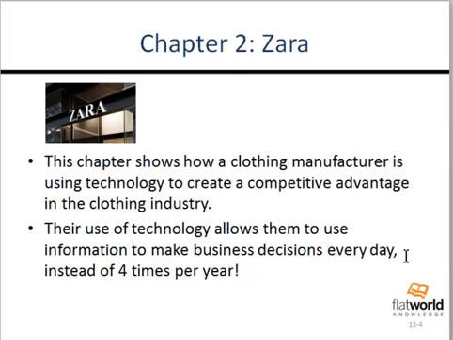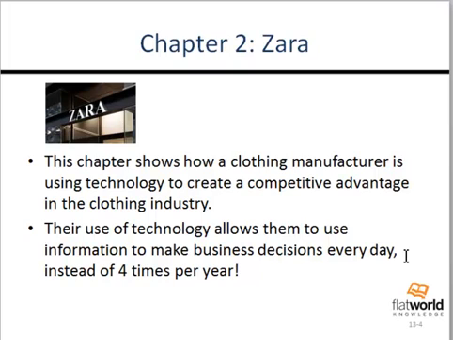Chapter 2 is a case study of a particular company called Zara. Many of you might not know Zara. It's a big international clothing company. But this chapter tells a pretty neat story about how they're using technology to create a competitive advantage against companies like the Gap.